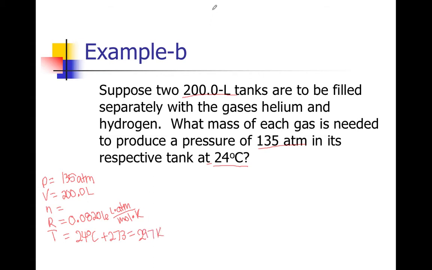So in our ideal gas law equation, we have a pressure value, we have a volume, we have our R, and we have our T. So we're going to need to solve again for the number of moles. And then we are going to convert moles to grams.